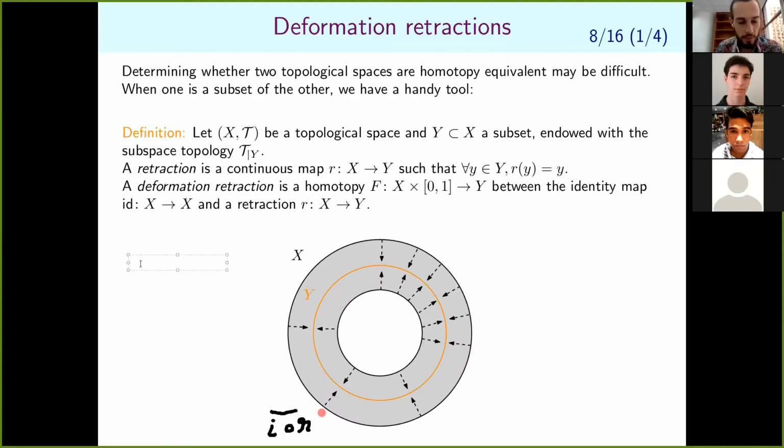So we have Y subset X. Y is included in X. And I can define the inclusion map I from Y to X. Sorry, Rafael, I think that the text isn't showing for us.